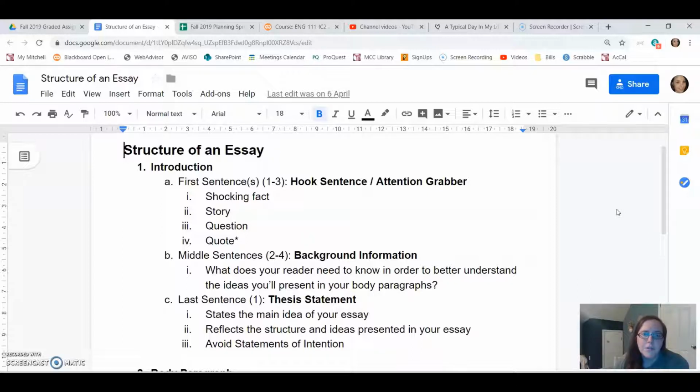And you also kind of want to gauge what your teacher appreciates, if you're going to apply these notes to other assignments. I have an asterisk here next to quote because beginning essays with quotes are also my least favorite way for students to start an essay.